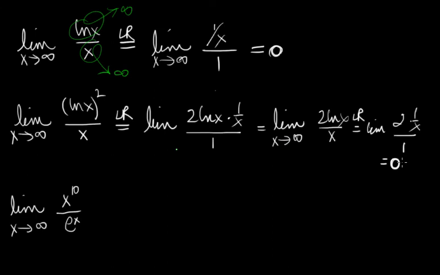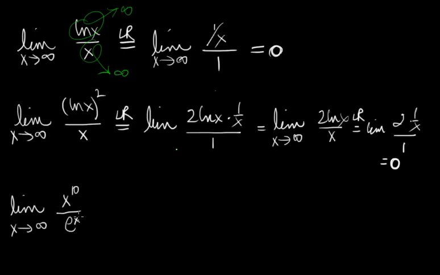This is equal to 0. No matter how big your powers of natural log are, they are not going to beat x ever. Well, after x is big enough. X will grow faster than even natural log x to the 10th power. Not at first, but eventually, and we're talking about x going to infinity.